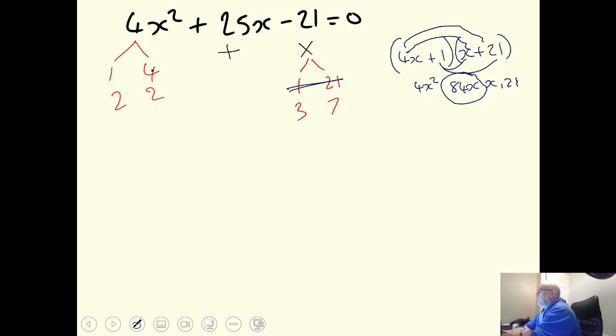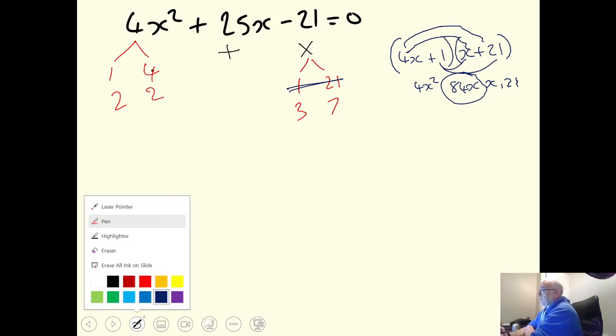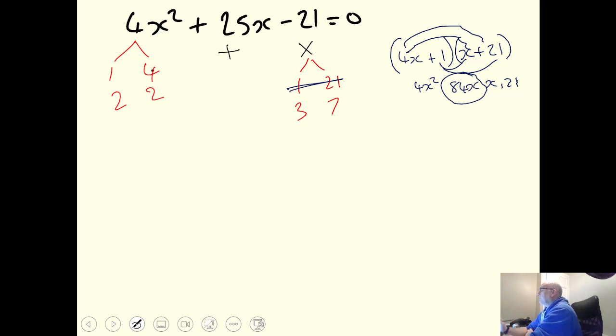Okay, so let's try the 1 and 4 again, but this time let's try it with the 3 and 7. So I've got 4x and x, and then I've got 3 and 7. Well, if I want to get negative 21, one of those has got to be negative. So it's either going to be minus 3 plus 7, or it's going to be plus 3 minus 7.